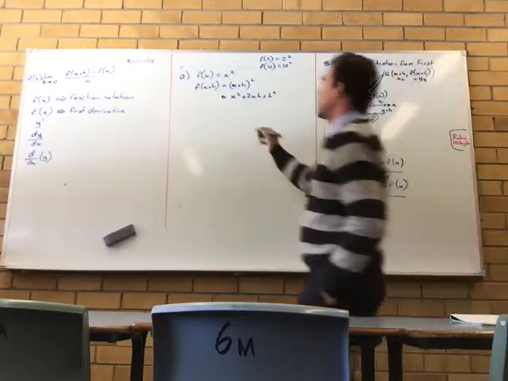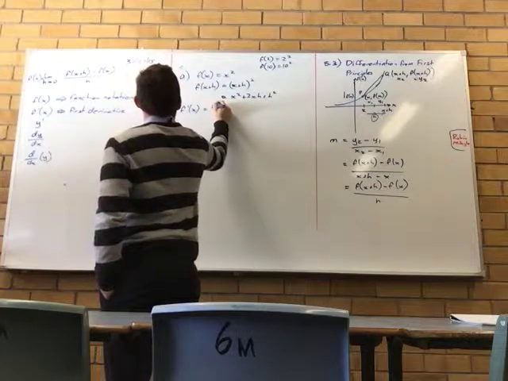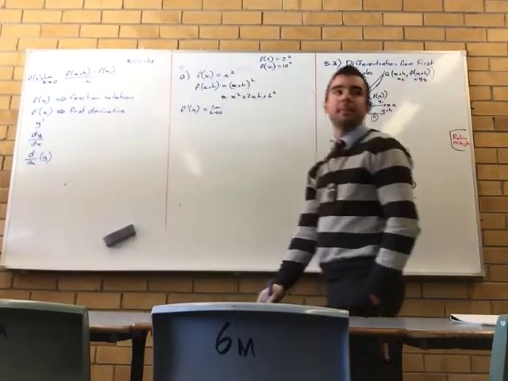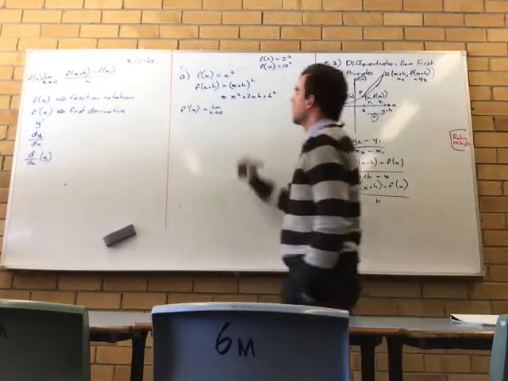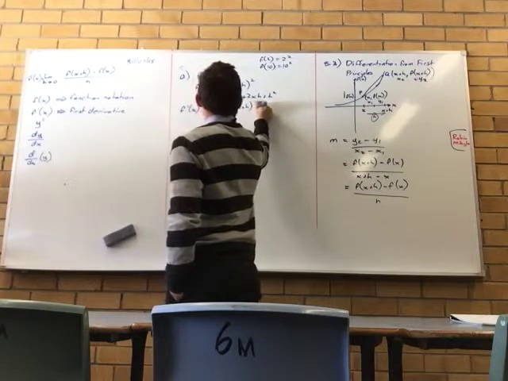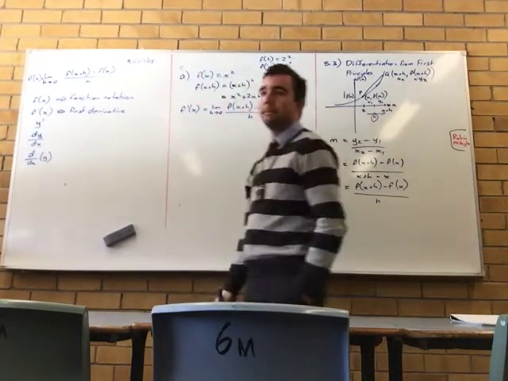Alright, so the first derivative, f dash of x, we take the limit as h approaches 0 of f of x plus h, take away f of x, all over h.